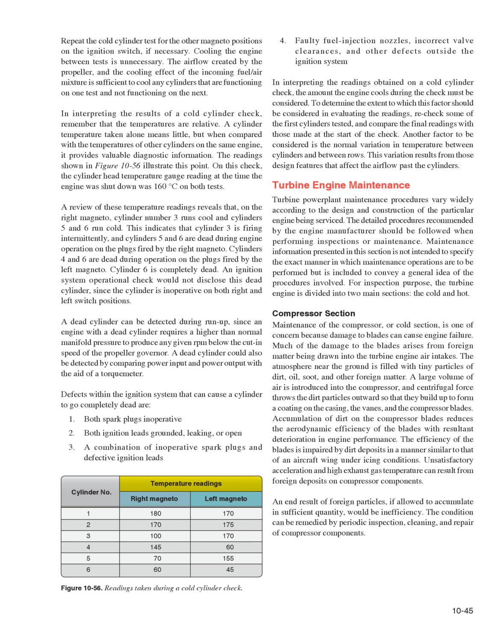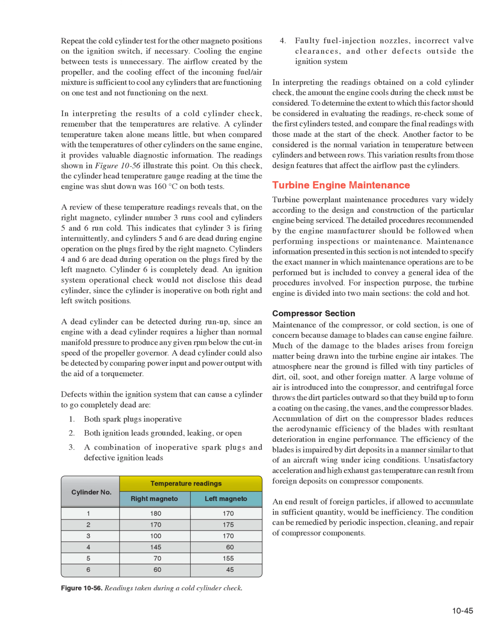Defects within the ignition system that can cause a cylinder to go completely dead are: 1. Both spark plugs inoperative. 2. Both ignition leads grounded, leaking, or open. 3. A combination of inoperative spark plugs and defective ignition leads. 4. Faulty fuel injection nozzles, incorrect valve clearances, and other defects outside the ignition system.